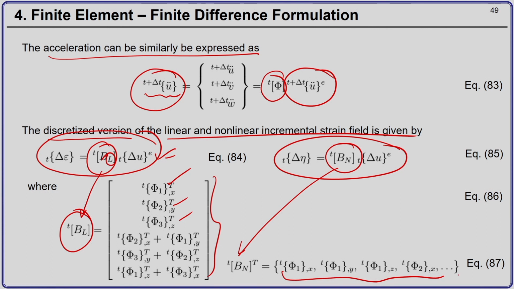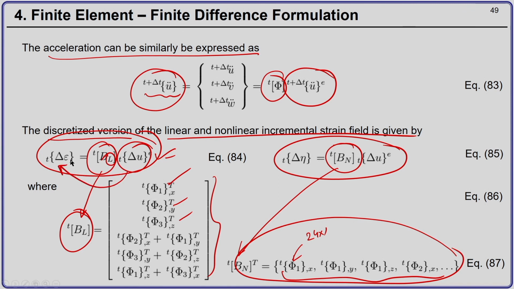So, this again will be, so this actually is a 24 cross 1. Okay. So, you will get what is called the big matrix over here, and this is also a matrix. So, finally, from the incremental displacement you can compute the incremental strain, and from the incremental displacement you can compute the nonlinear part of the incremental strain, that is, delta eta.